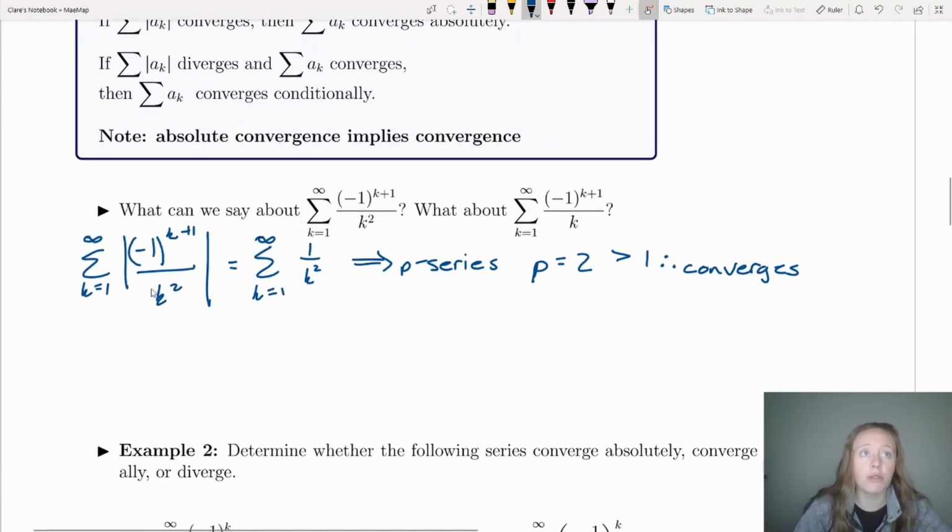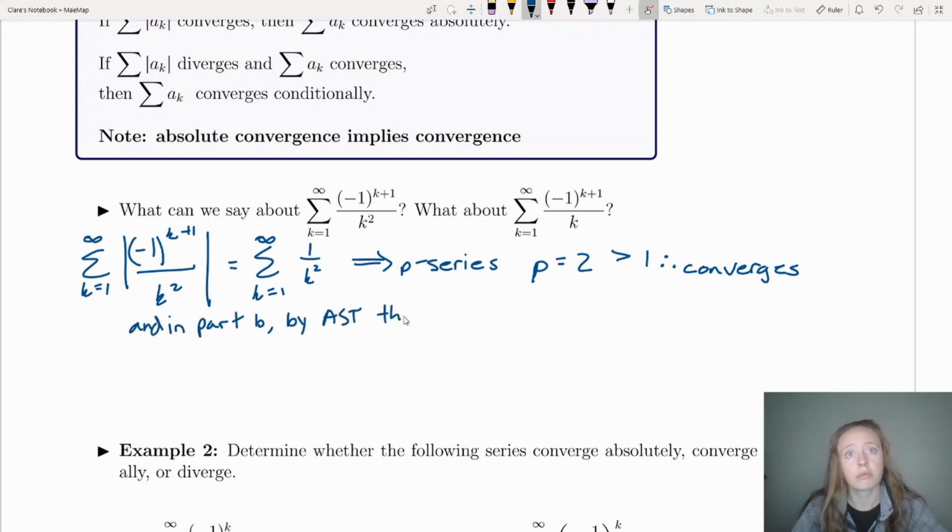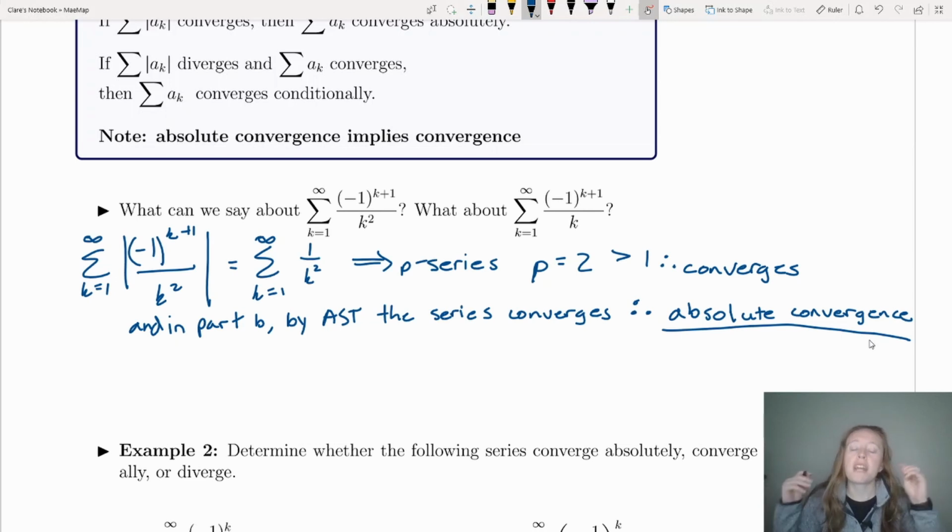So because the absolute value and the alternating series converge, let me write this out real quick. Because our absolute value converges, we have absolute convergence. So this series converges absolutely.